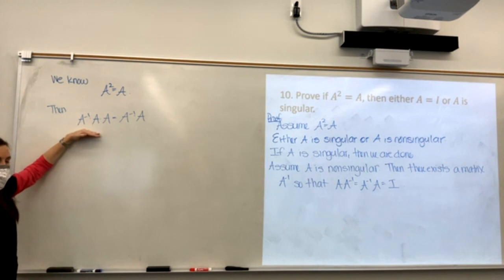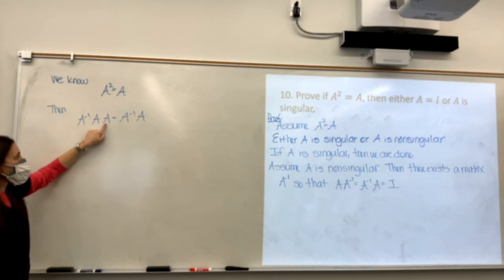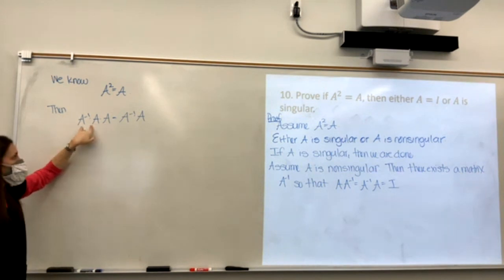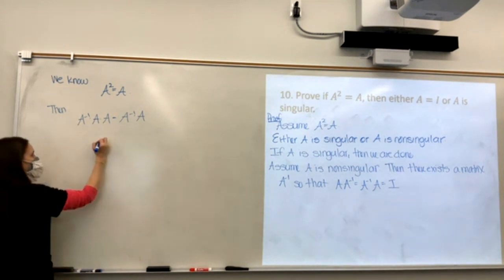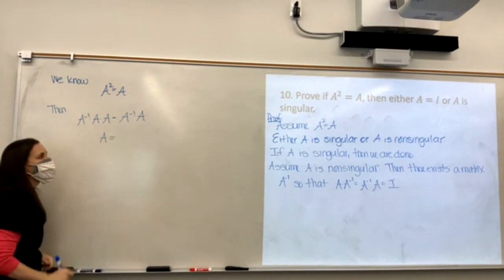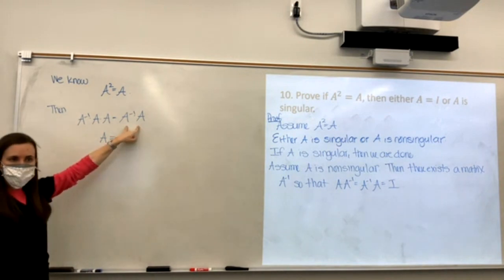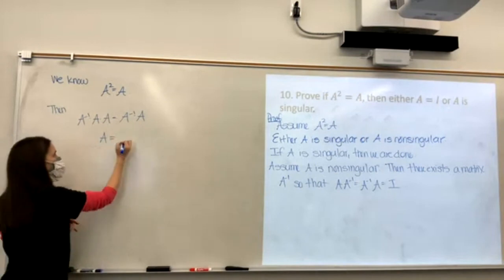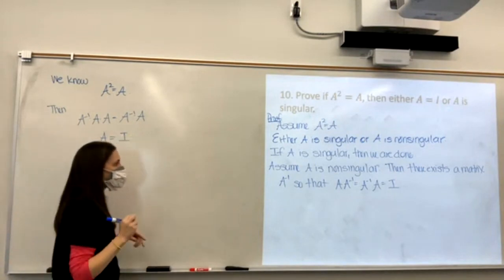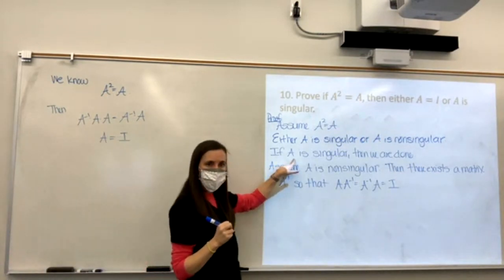What survives on the left? Just A, right? A inverse A gives me the identity, so I get A. What survives on the right? The identity. But that's exactly what we wanted to show, right?